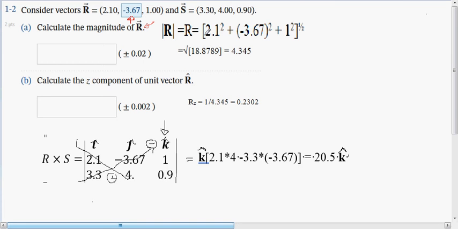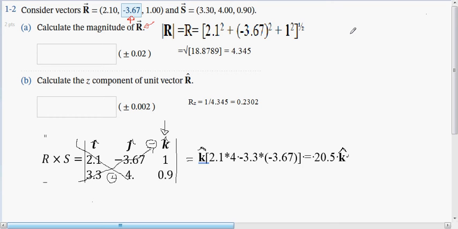In any case, you use the Pythagorean theorem to find out how long the vector is, and it will be then the square root of the sum of three numbers squared, and those three numbers are the x, y, and z components of the vector. So there they are, 2.1 squared, minus 3.67 squared, and 1 squared.